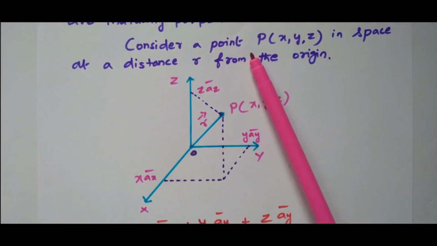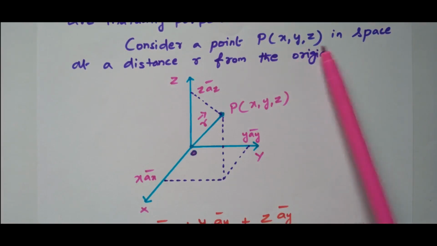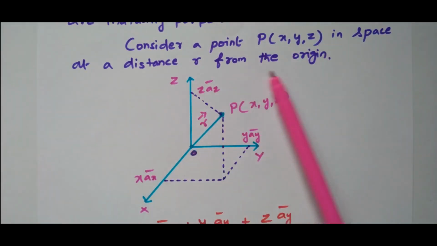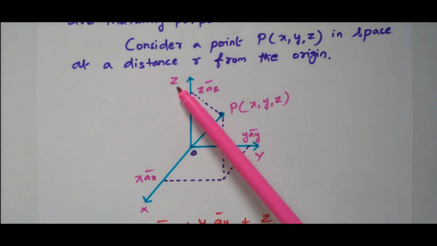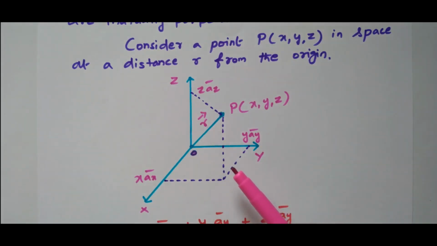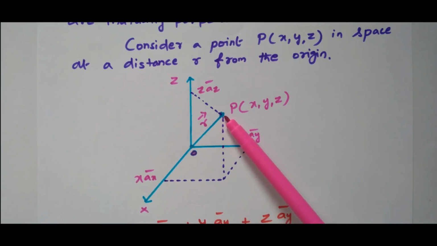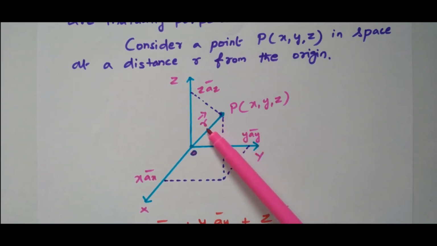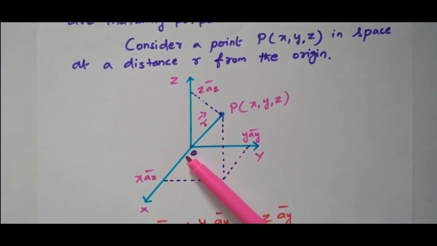So consider a point P (x, y, z) in space at a distance r meter from the origin. So we have the three axes available: X axis, Y axis and Z axis, right? In order to represent this x, y, z, we consider one point P at a distance r meter from the origin.